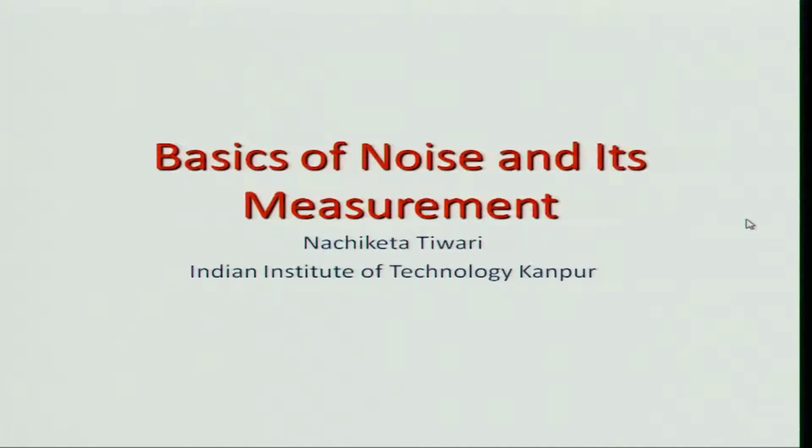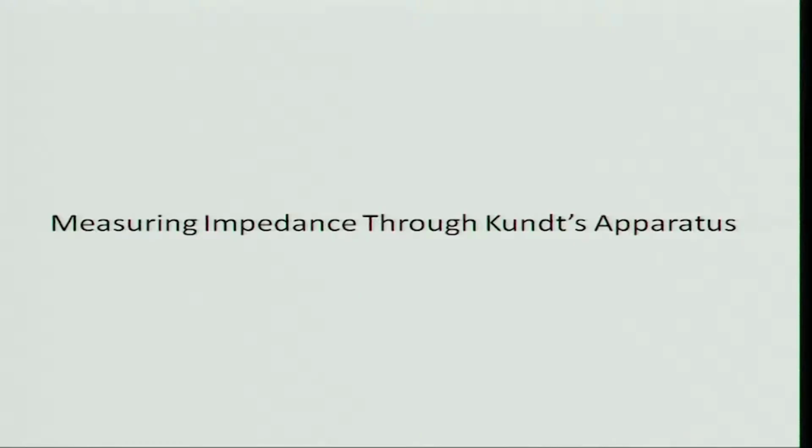And this whole course is about noise. We have already covered some of the important basics of noise, and now we have just started sharing information as to how different parameters of noise can be effectively measured. So what we are going to learn today is how you can use this apparatus called Kundt's tube to measure the impedance of a material.